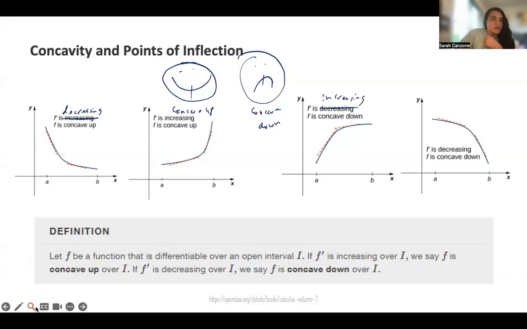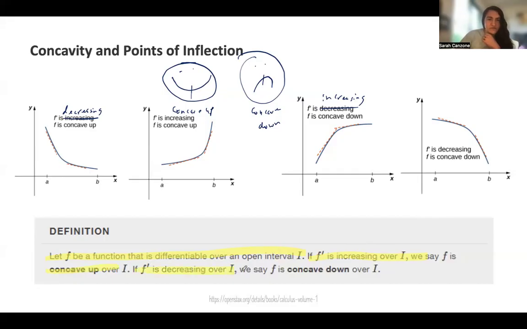All right. So now we have the formal definition of concavity. So let f be a function differentiable over some interval. That's kind of going to be the case no matter what we do. If your first derivative is increasing, then we have concave up.